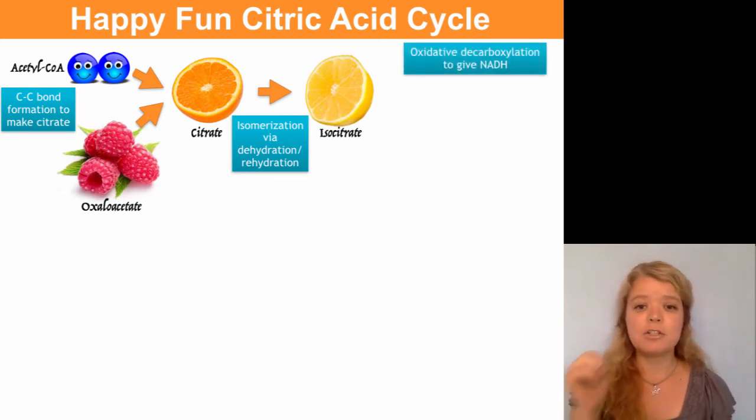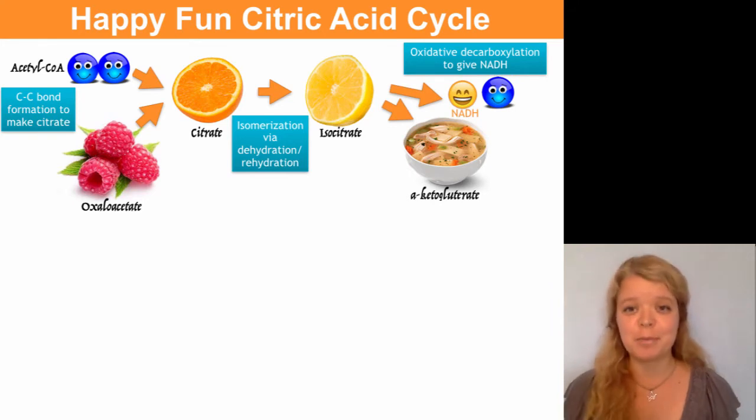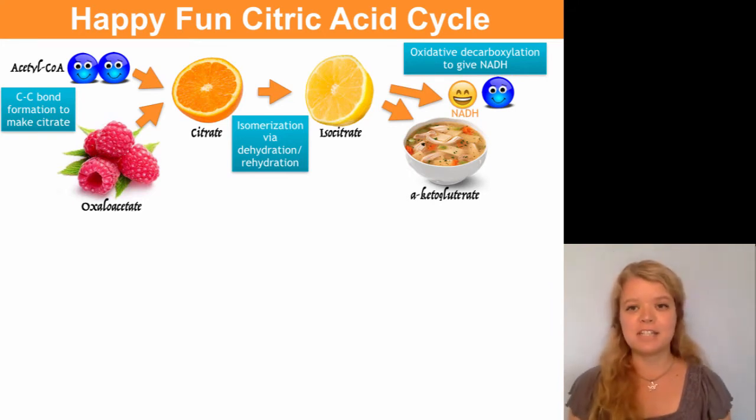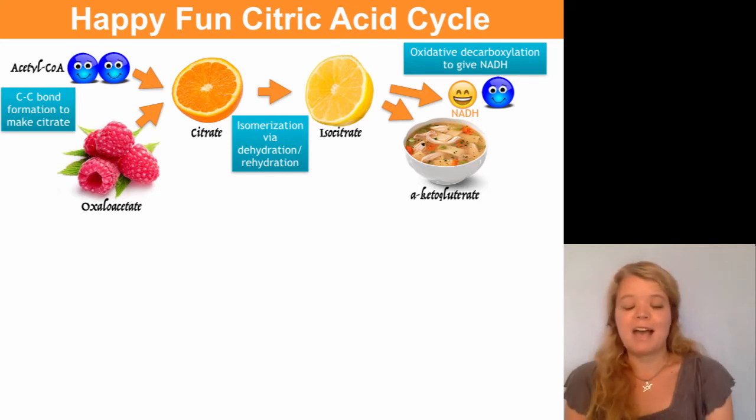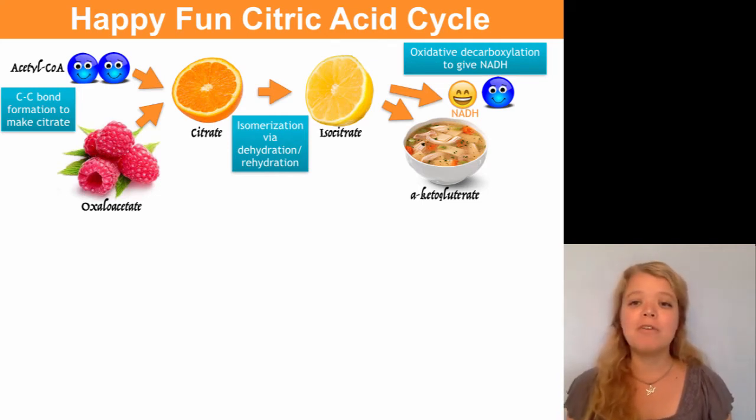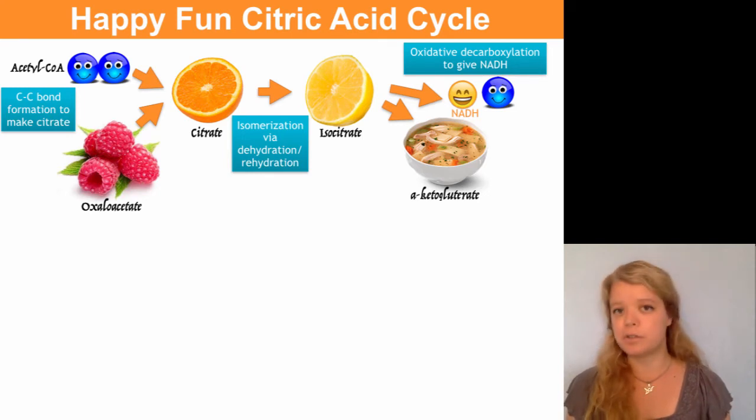Now, the next step is to make some NADH and lose one of the carbons, and isocitrate is decarboxylated by isocitrate dehydrogenase and NADH, happy NADH, and carbon dioxide are produced, and we form alpha-ketoglutarate.